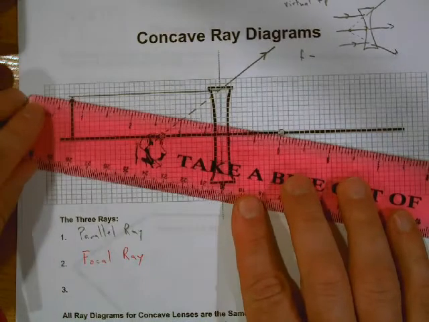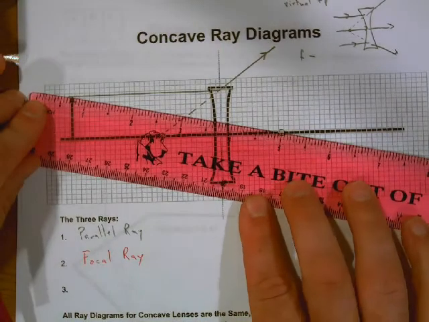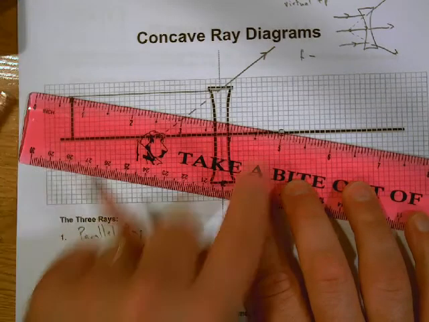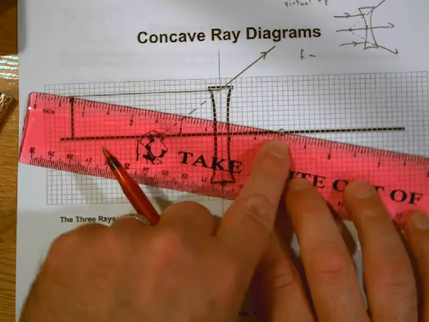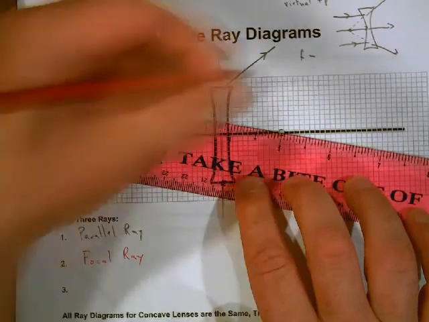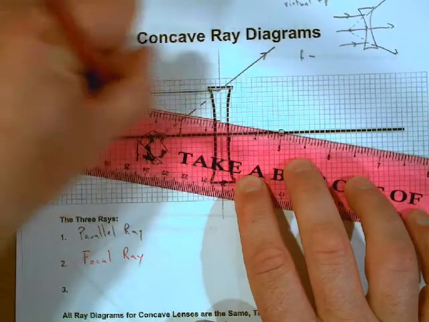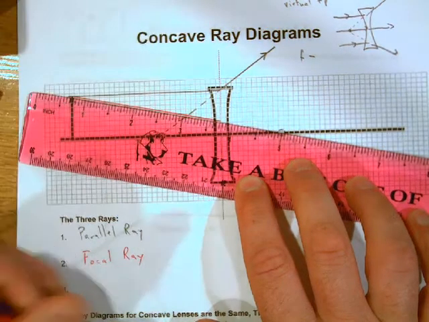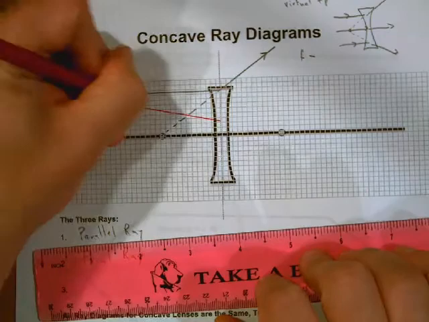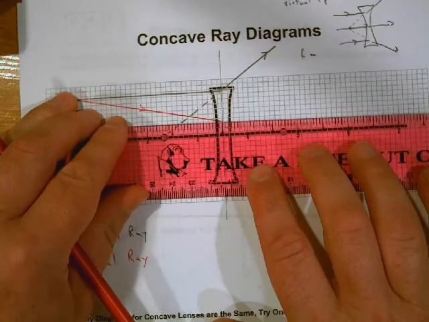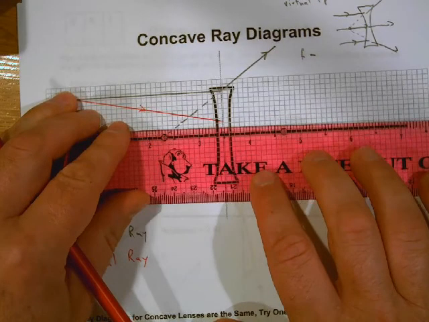Do you see how I'm lining it up with the far focal point over here? That's what you want to do. You want to line it up with the far focal point. So I'm going to draw that ray. And then once it hits the center, it's going to come out parallel.